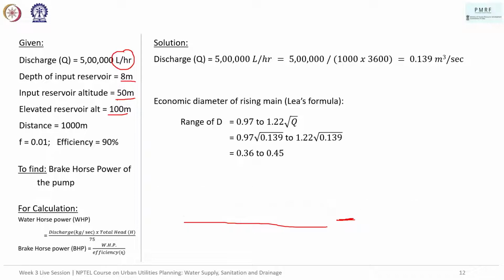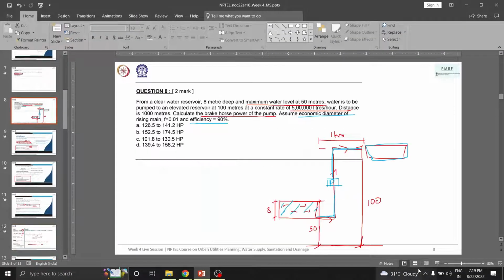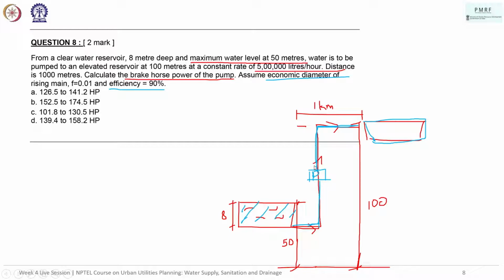So if we look at the diagram that I drew here, no matter where we locate the pump, so say we locate the pump somewhere here, then this will be the suction lift and this will be the discharge lift, right? Alternatively, say I put the pump here, the suction lift will be here and the discharge lift will be here.